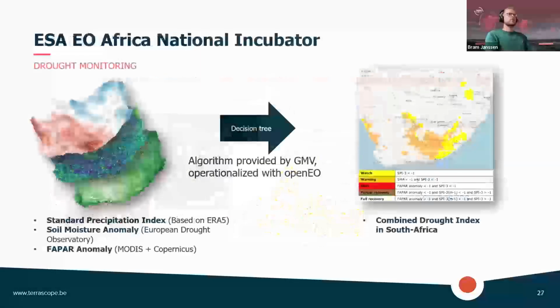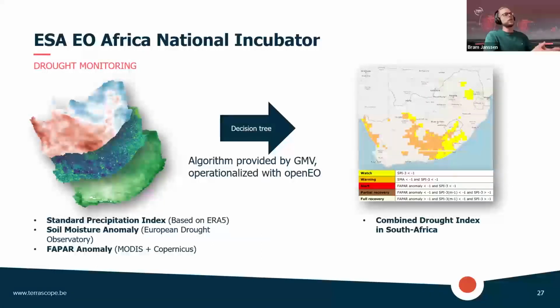We also have a couple of interesting use cases that we can share with you to showcase what openEO actually can do. For example, in this case, for the EO Africa National Incubator, a drought monitoring product was calculated using openEO.